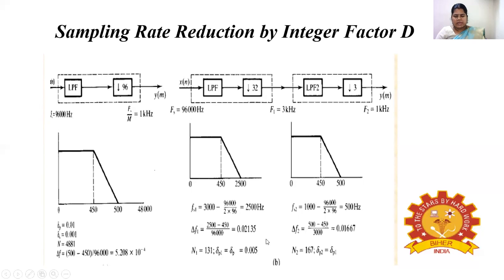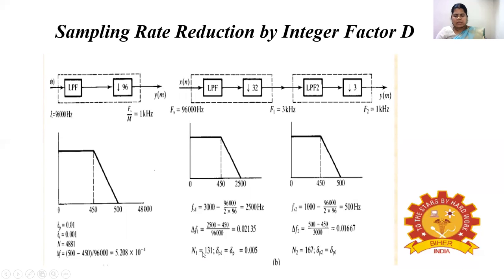Similarly, for the two-stage decimator, we get the stage 1 sampling frequency as 2500 Hz and stage 2 as 500 Hz, and the transition width for stage 1 and stage 2 is obtained.